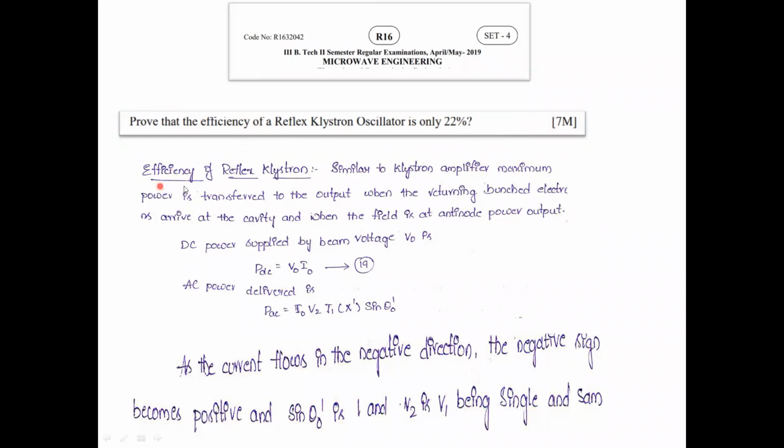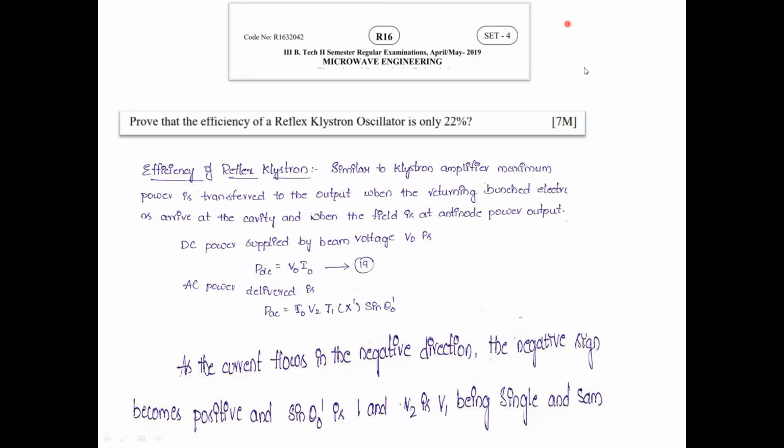So here I am taking the efficiency of the reflex klystron. To evaluate the efficiency, what is our theoretical understanding? We get the maximum power when that maximum power is transferred to the output side. Clear? For that, here I am taking the DC power equation in terms of the applied beam voltage.